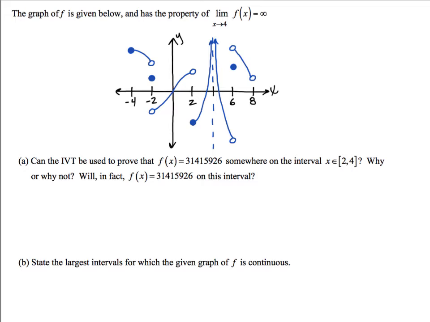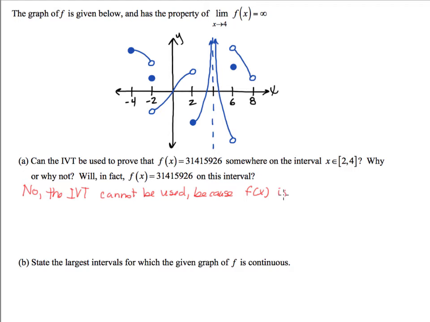For our last problem, we're also going to look at the intermediate value theorem. This time I was given the graph, and we cannot use the intermediate value theorem to prove that f of x equals 3.1415926 somewhere on this interval from 2 to 4, because if you look on the interval 2 to 4, it is discontinuous.